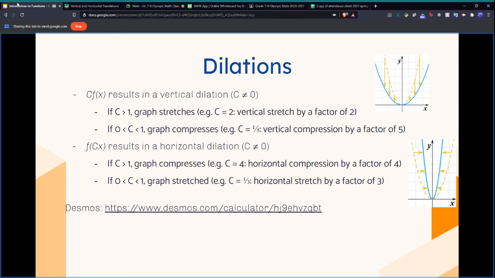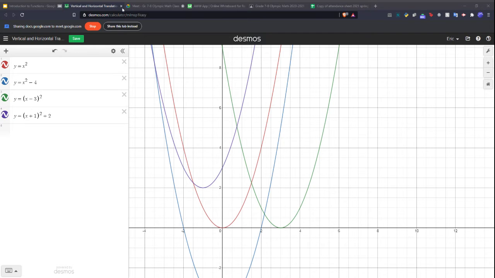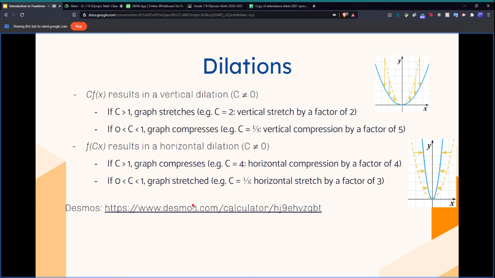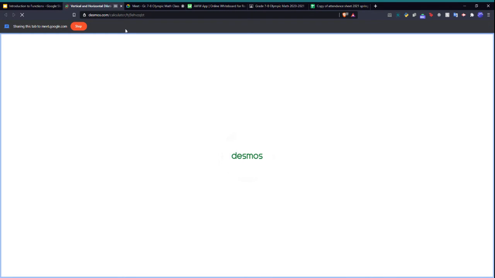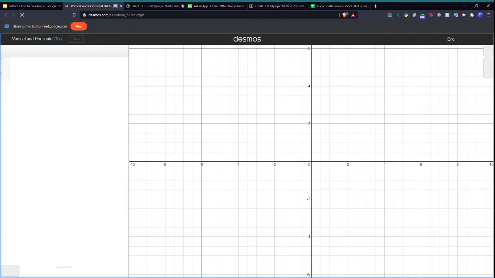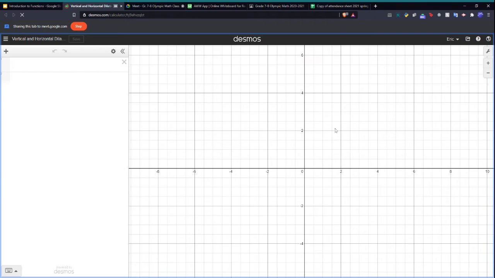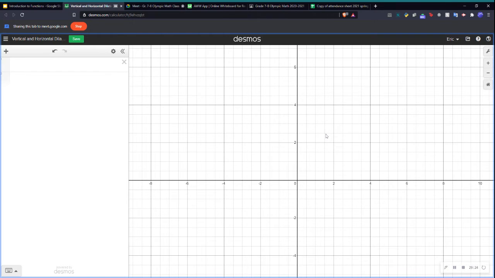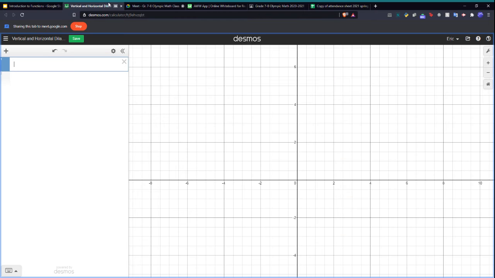Interesting indeed. Let's look at the Desmos link, if you guys don't have any questions so far. It's always good to graph these out, so you can really understand how these transformations actually work. Oh, I didn't type in anything. That's a bummer. Okay, here, I'll do a quick example, x squared, actually.